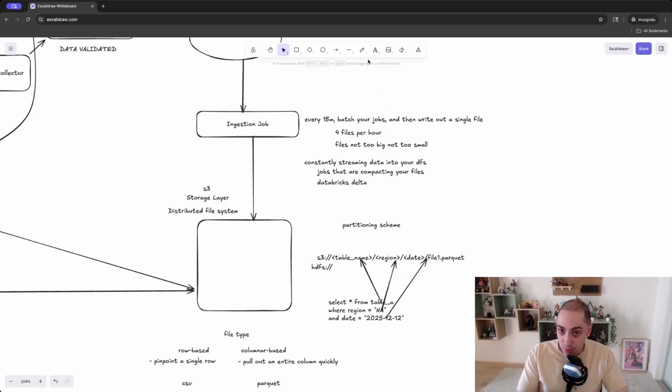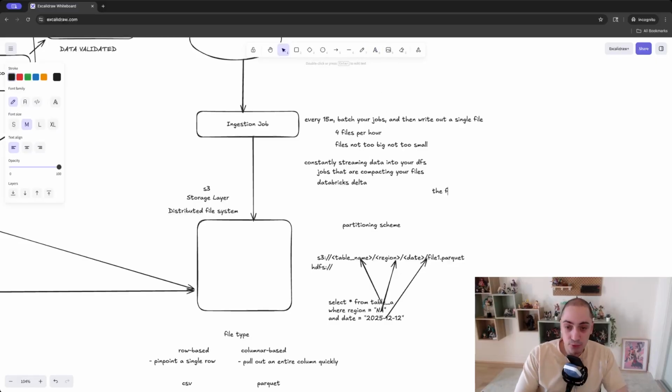The issue with this approach is that for the latest hour chunk, querying is going to be slow, simply because of lots of small files.